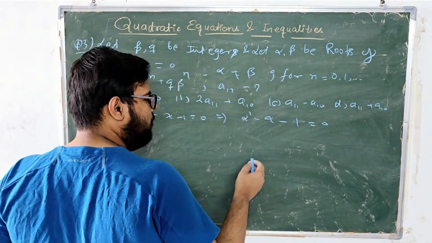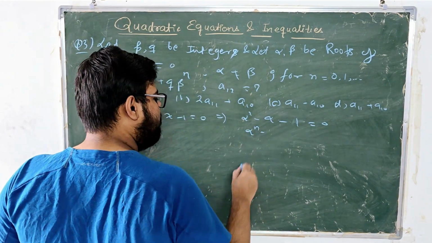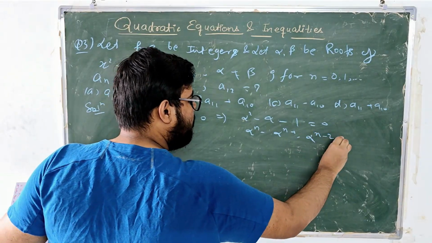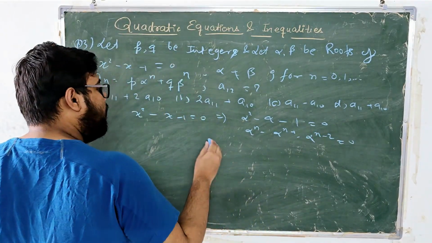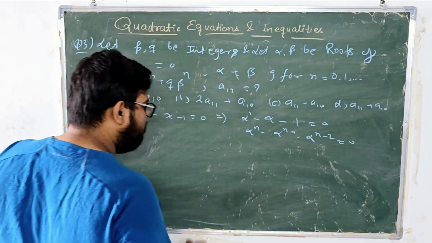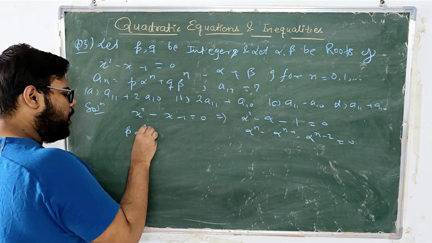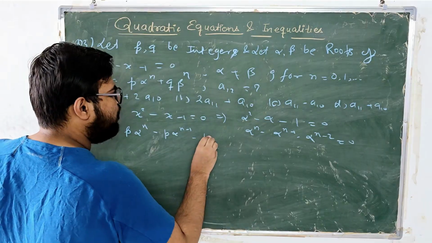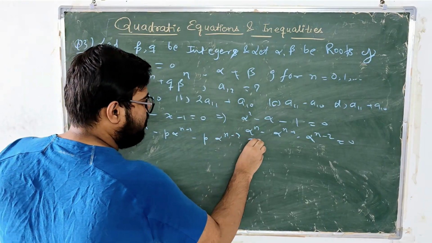Multiply by alpha raised to power n minus 2. So you will have alpha raised to power n minus alpha raised to power n minus 1 minus alpha raised to power n minus 2 is equal to 0. And now multiply both sides by p. So you will get p alpha raised to power n minus p alpha raised to power n minus 1 minus p alpha raised to power n minus 2 is equal to 0.